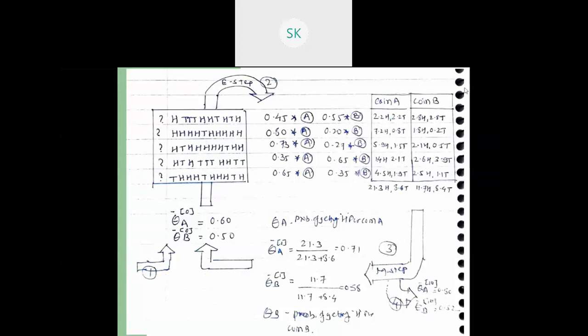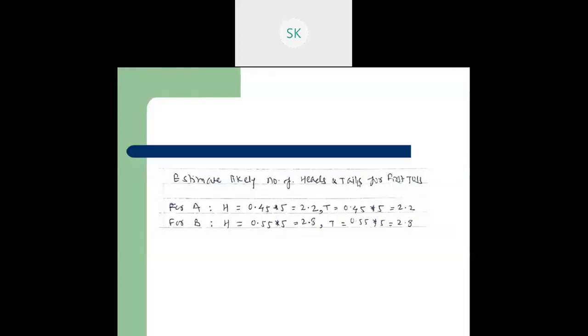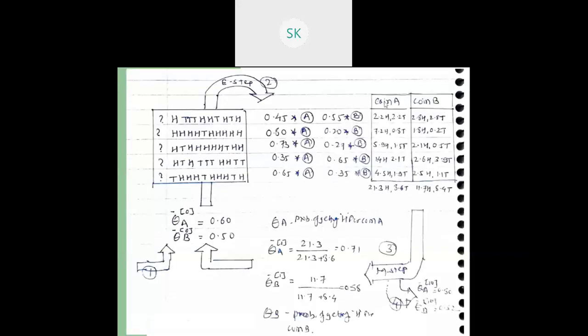The estimation step is coin A and coin B, 0.45 into A and 0.55 into B. This first row we have seen in the previous slide: 2.2, 2.2 for coin A, 2.8, 2.8 for coin B, head and tail. So this is the first row computation.